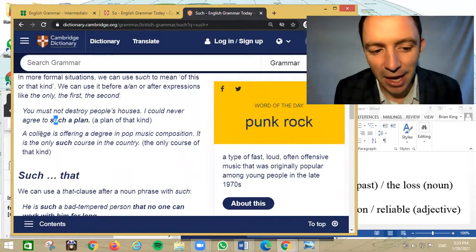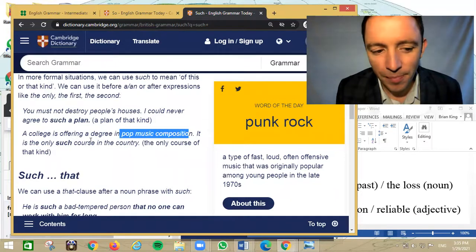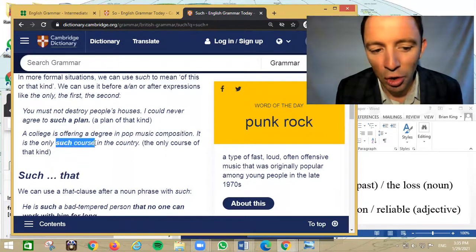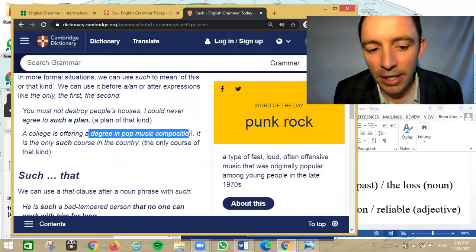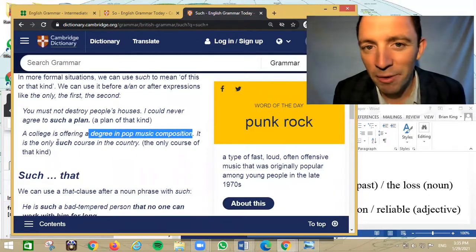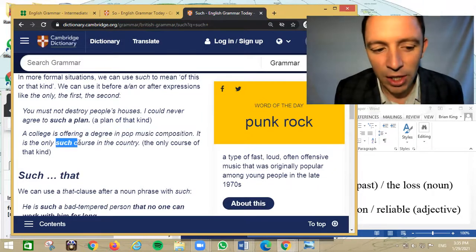Okay, the next example. A college is offering a degree in pop music composition. It is the only such course. So this such is the substitution for the previous type of course, a degree in pop composition. So that's more difficult for people to understand, I think, but it is very, very important for sure. The only course of that kind.